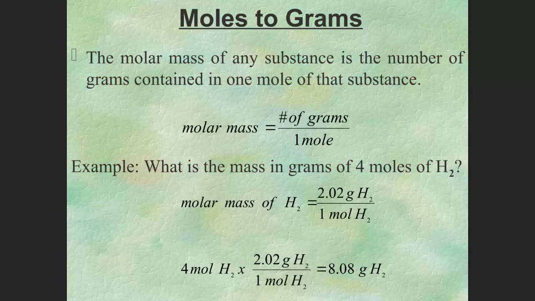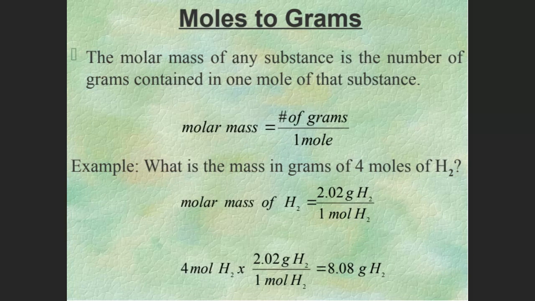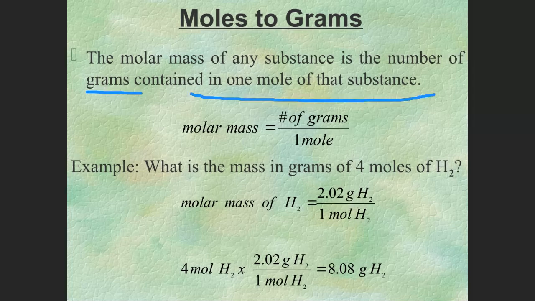Yeah. So we already did, okay, let's see. Molar mass of any substance, mole to gram. So now we will talk about mole to gram. The molar mass of any substance is the number of grams contained in 1 mole of that substance. So this is actually our conversion factor.